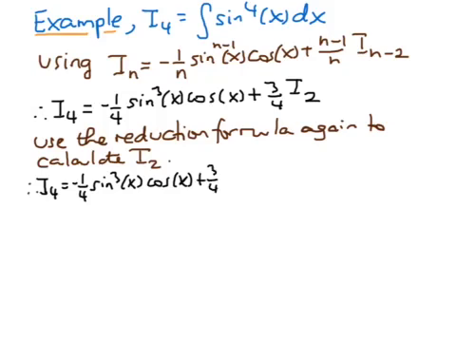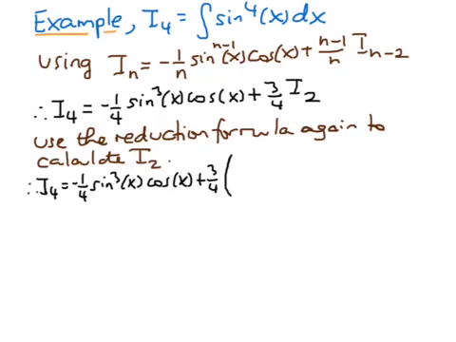And now this is multiplying I2, so I'm going to open a big bracket, and now I'm going to work out I2 using this formula. So I'm going to be saying I2 is minus 1/2 sine of 2 minus 1, so sine to the 1 of x, times the cosine of x, plus 2 minus 1 over 2, so a half, times I of 2 minus 2, which is 0, so I0.